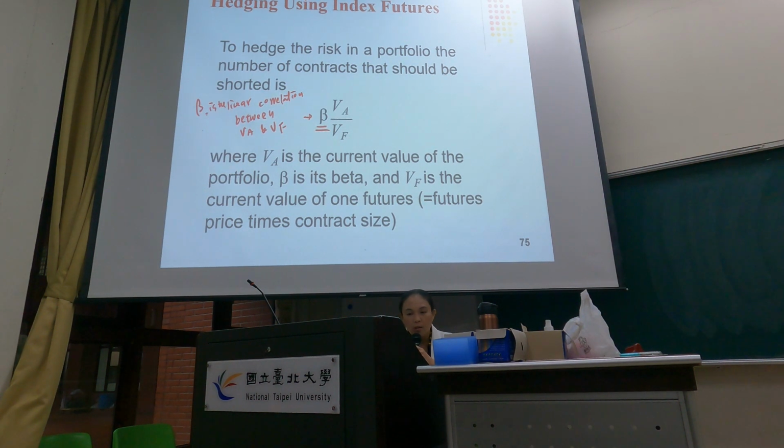So that's how you compute your hedge ratio or number of contracts. Now VA is the value of the portfolio. VF is the value of the index futures.